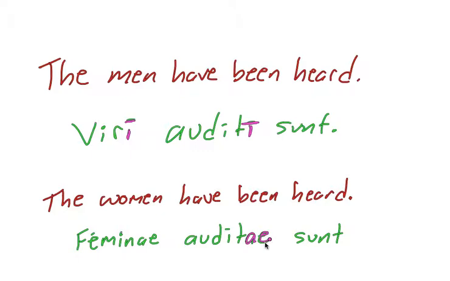So auditae modifying feminae. Okay, so the women have been heard. So just know that when you conjugate using the fourth principal part in perfect passive, then you change the gender of the fourth principal part, which really works like an adjective, in order to modify whatever your subject is. Okay, so keep that in mind. It could be masculine, feminine, or neuter.